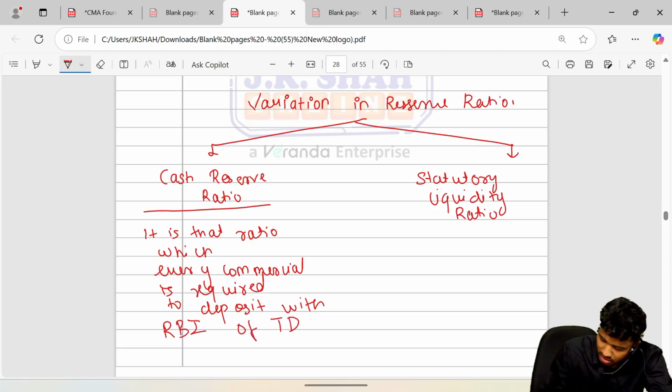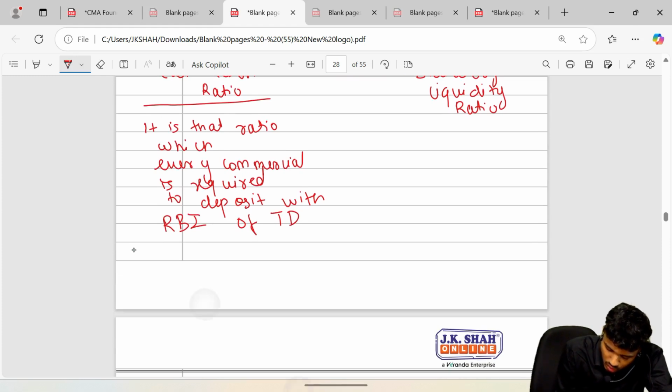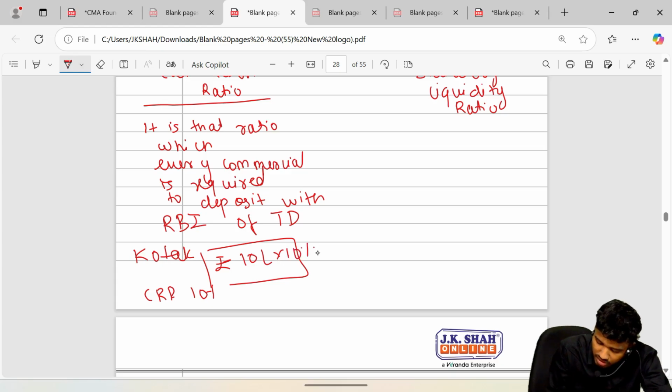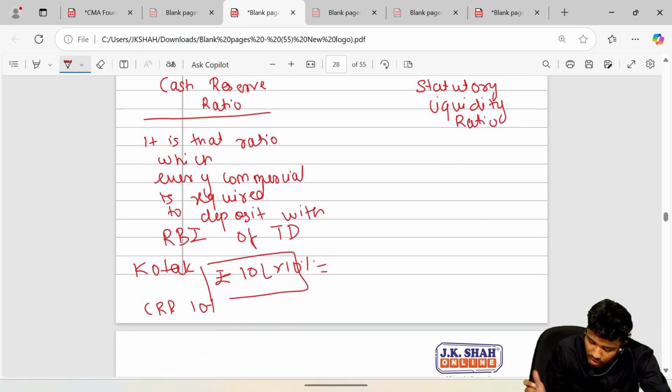Example, if there is a bank, Kotak Bank, it has total deposits worth rupees 10 lakhs. And suppose the Government of India, RBI, has introduced a CRR of 10%, so 10% of this you will have to give to RBI.